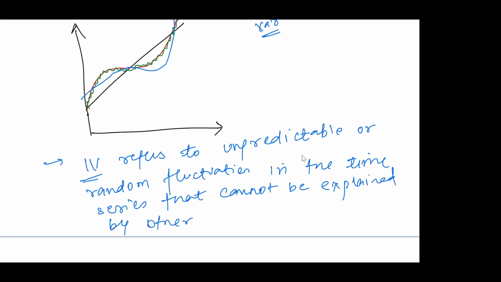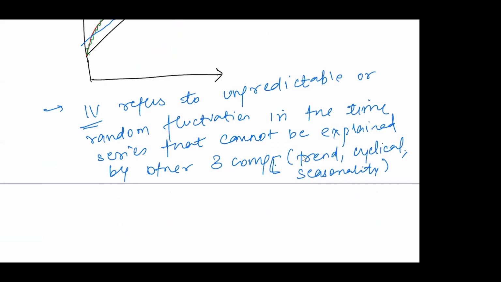Which are the three components? Trend, cyclical variation, and seasonality. So if something comes other than these three, then you can say that is an irregular or random fluctuation. I hope that is clear.